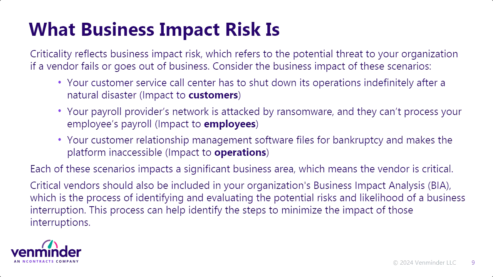The second example is an impact to your employees, like your payroll provider that was hit by a ransomware attack and can't process payroll. And the third is the impact to your operations, which could be your customer relationship management platform that files for bankruptcy and shuts down, so you no longer have access to all of those records.